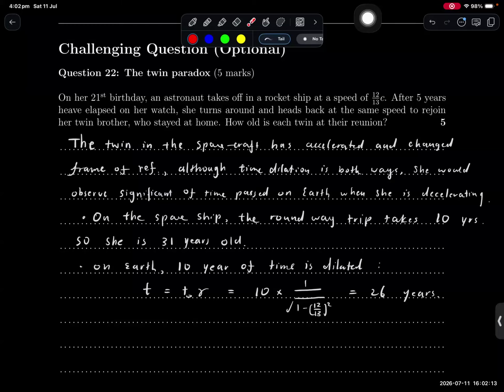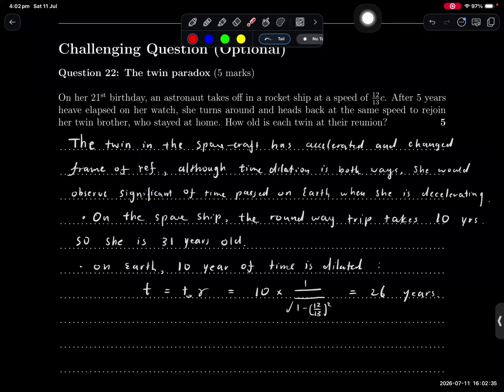Okay, so as we discussed in class, and if I haven't discussed this and you're curious, you can let me know, the twin in the spacecraft has accelerated and changed frame of reference. Although time dilation works both ways, she would observe significant time passing on Earth when she is decelerating.